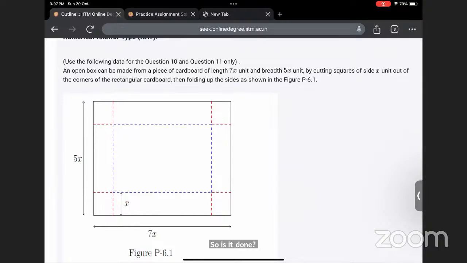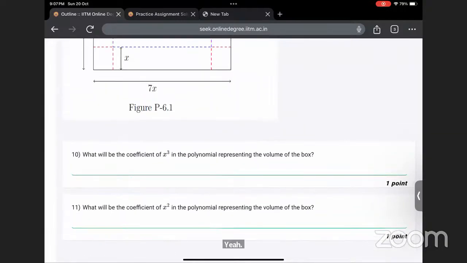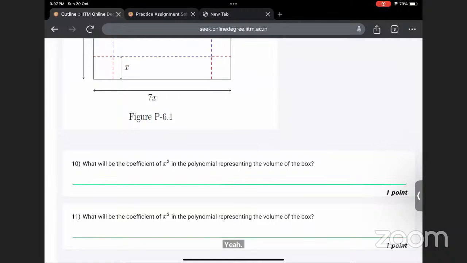Have you drawn it? No, ma'am. Yes, ma'am. Done. Okay, so all of you are done, right? Okay, so let us solve the 10th question.